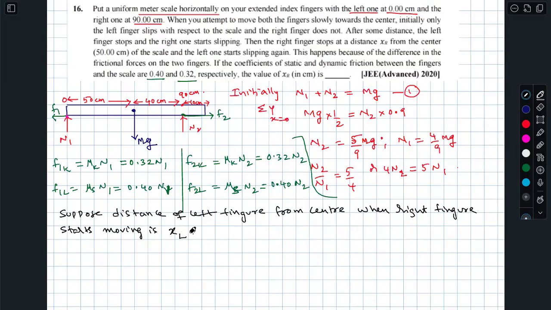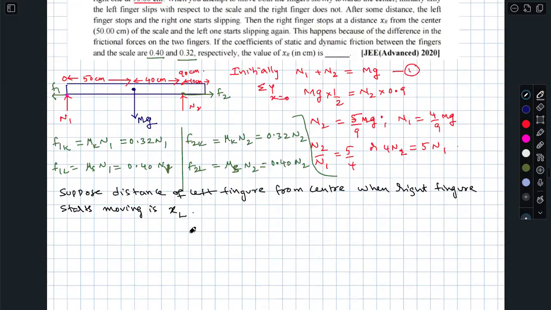And what is moving is first the left hand. After some certain motion of the left finger, the right normal reaction is just, and it starts slipping there. Right. That is the point.